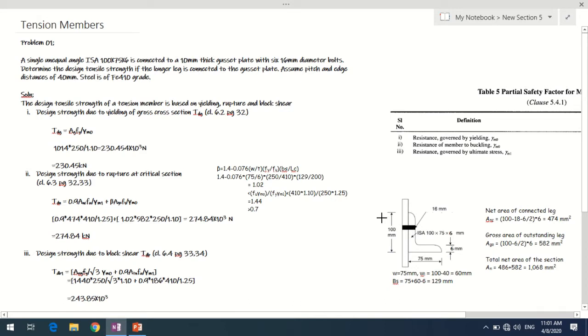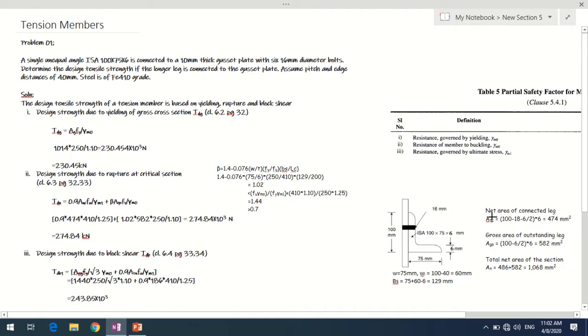In this case, the rupture strength Tdn is expressed with this equation: 0.9 Anc fu upon gamma m1 plus beta into Ago into fy upon gamma m0. Anc is the net area of the connected leg, Ago is the gross area of the outstanding leg. What is Anc?